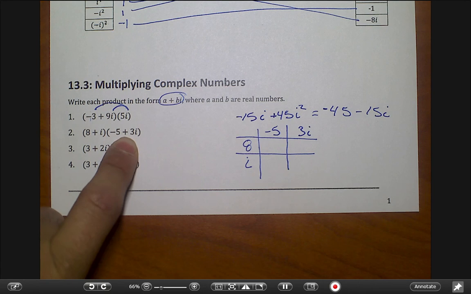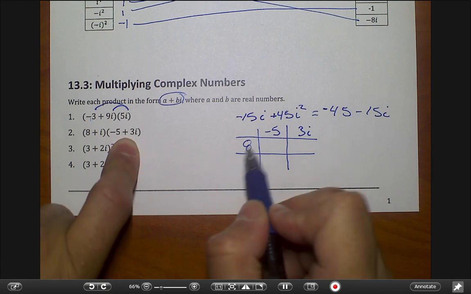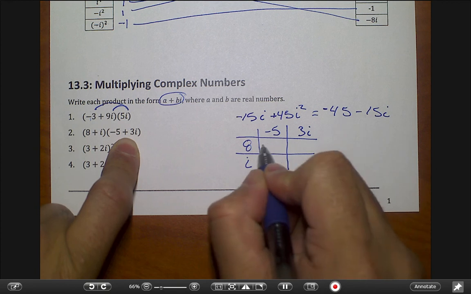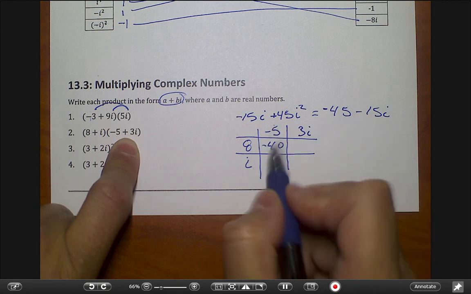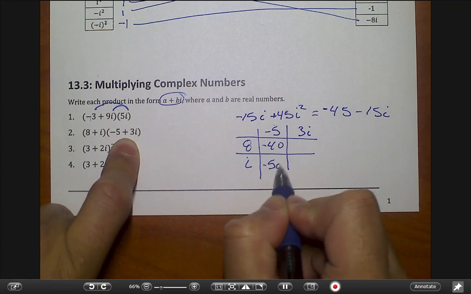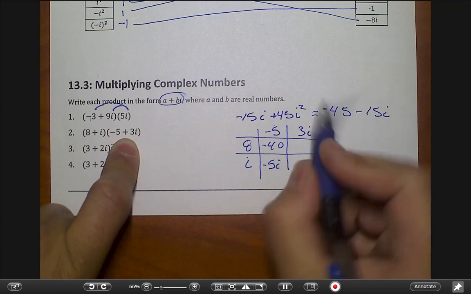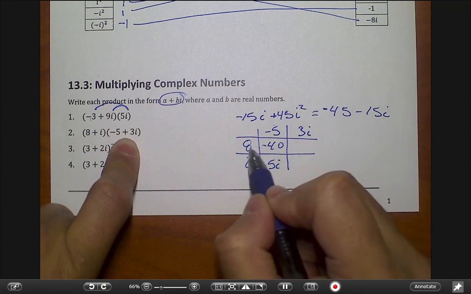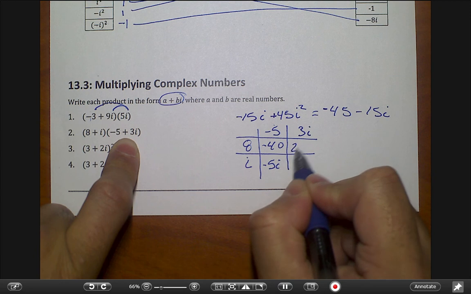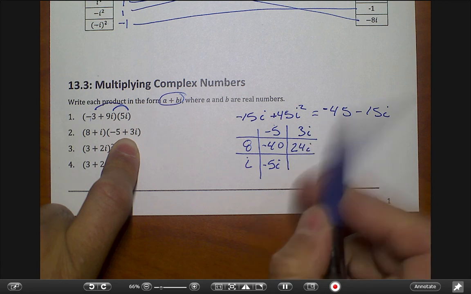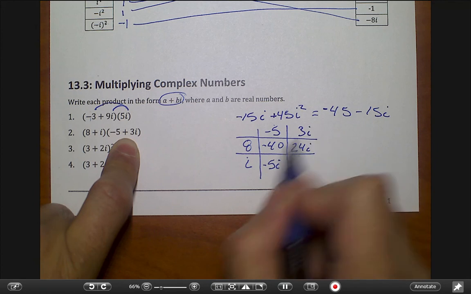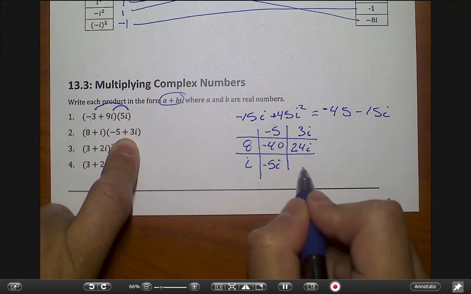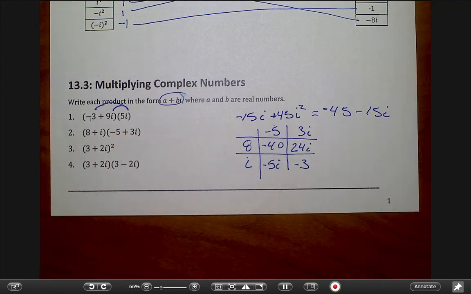So I'm using the box method now to actually multiply them. So 8 and negative 5 is negative 40. Negative 5 times i is negative 5i. 3i times 8 is my 24i. And 3i times i is going to be 3i squared, which becomes negative 3.